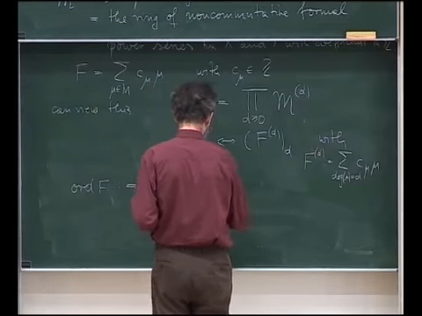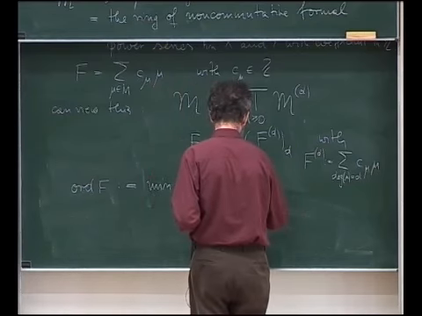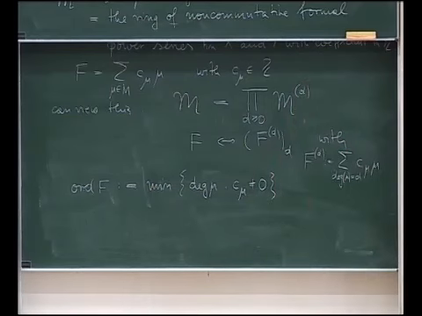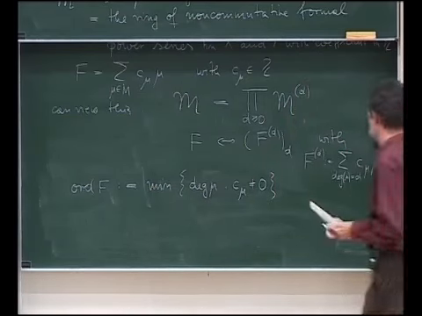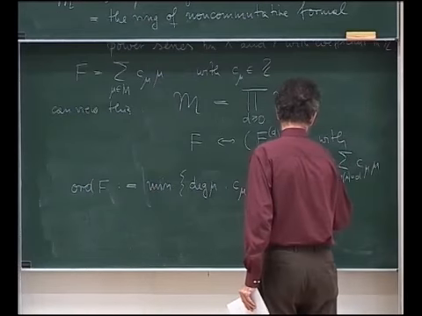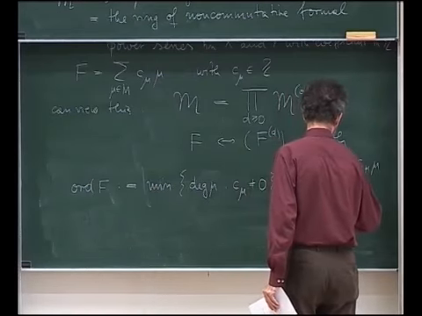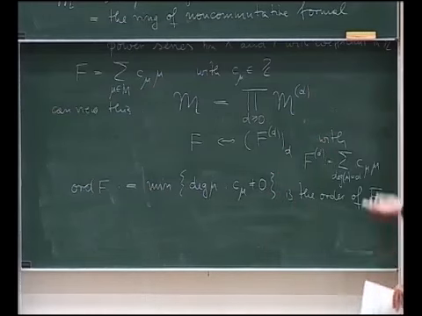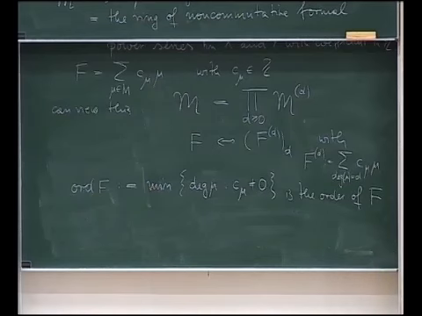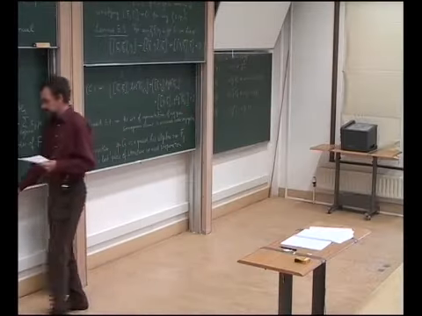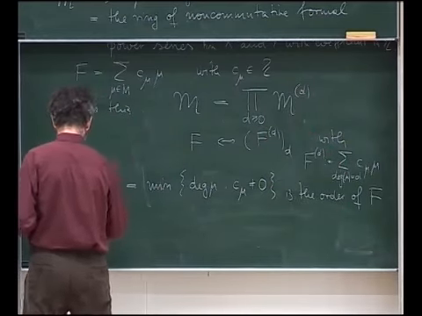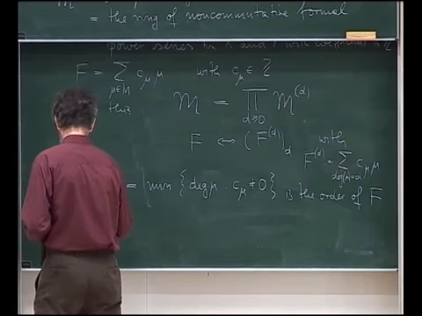This is the smallest degree, the minimum over all degrees of the mu's which really occur, so that the coefficient is non-zero. So this is the order of f. Infinity if f is zero.